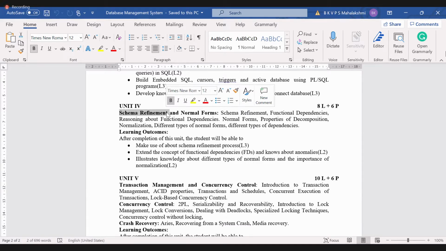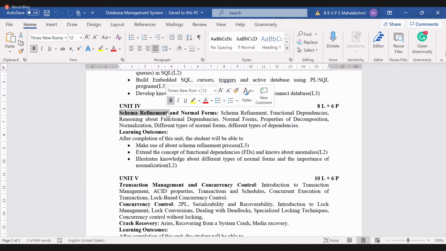But why have they included this module in our syllabus? What is the importance of this? That we have to know. Because if I take one application, definitely there will be a schema.